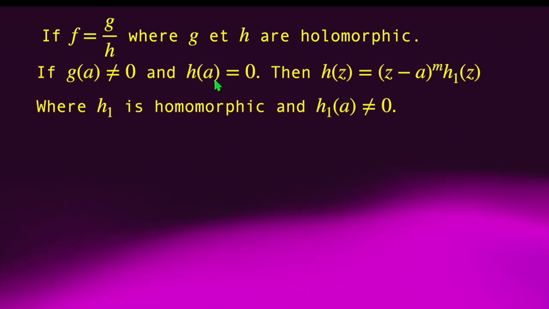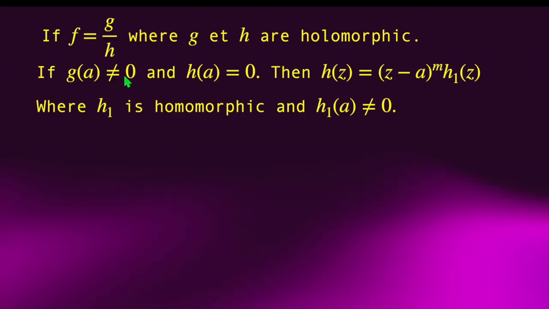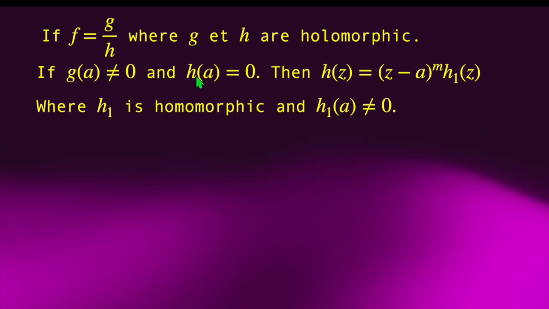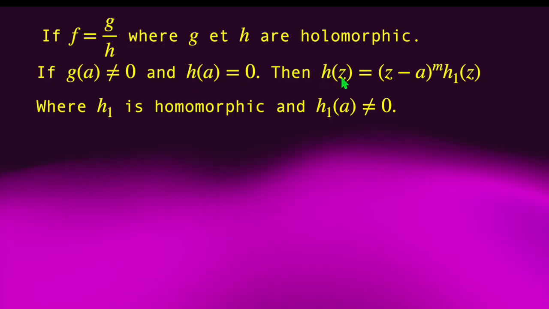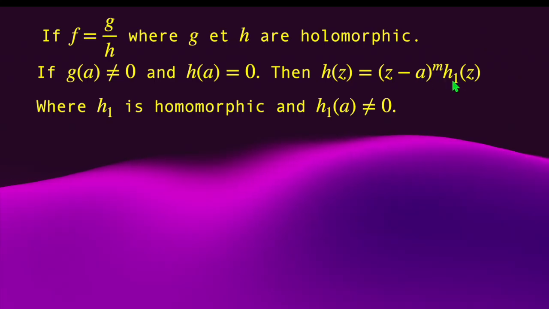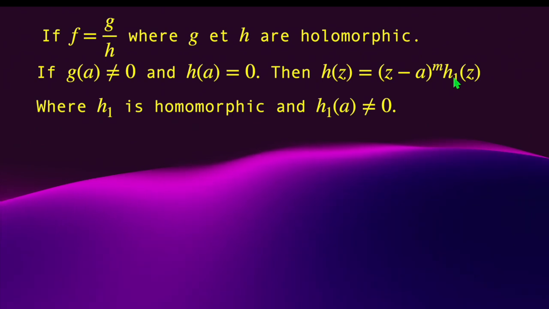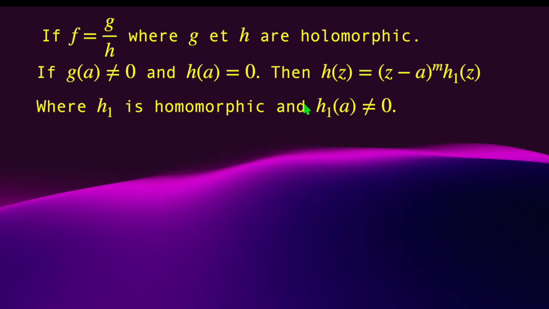You take a zero of h, a, which satisfies h(a) equal to 0 and g(a) different from 0. Since h is holomorphic and h(a) equal to 0, in the Taylor expansion of h, you can factor out (z minus a)^m times a holomorphic function, and we get this situation.